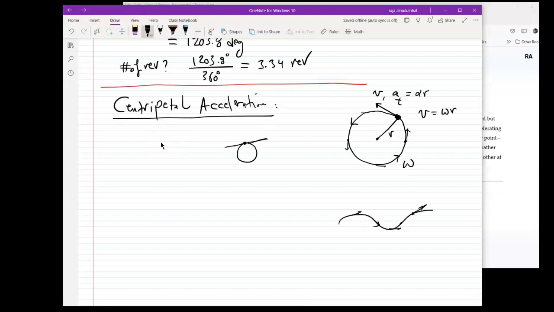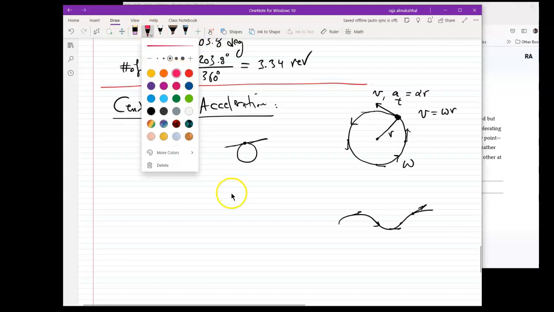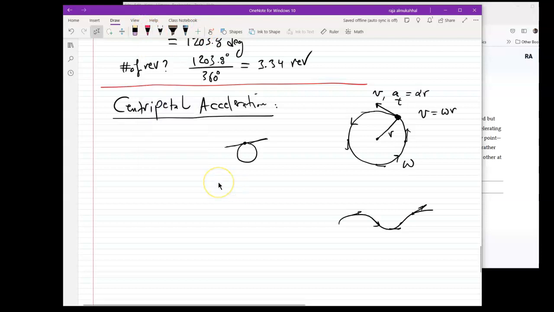So if I go back to this drawing here, and let me change my color. This centripetal acceleration will always be pointing toward the center, and I think the book called it A sub C, centripetal. Some books call it A sub R for radial, because it's in the direction of the radius. Either way is fine.